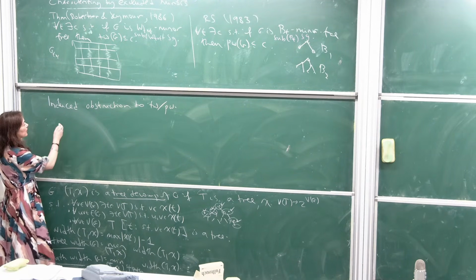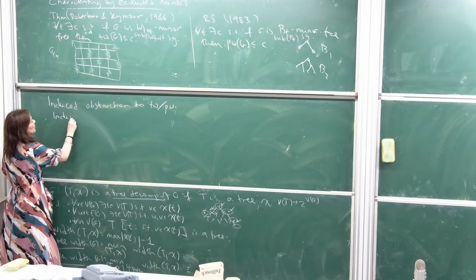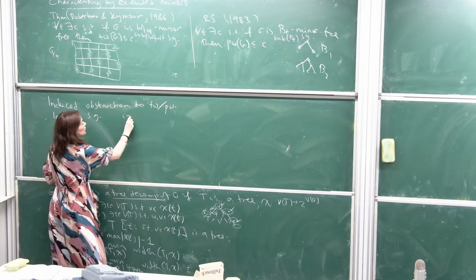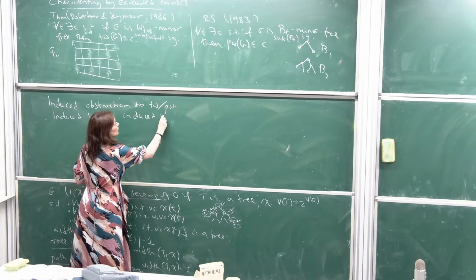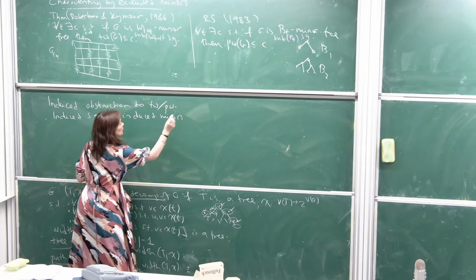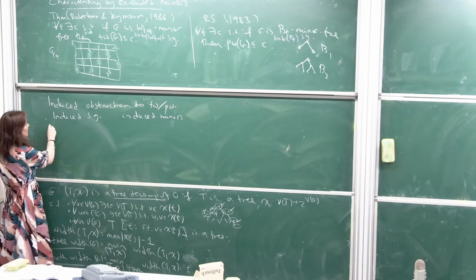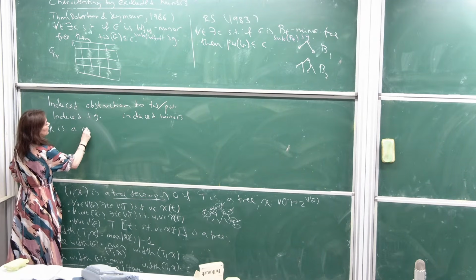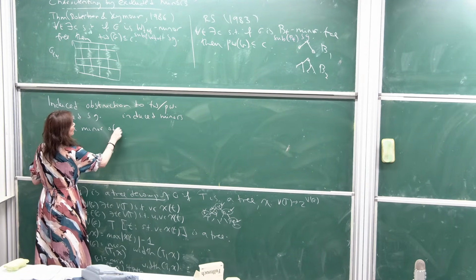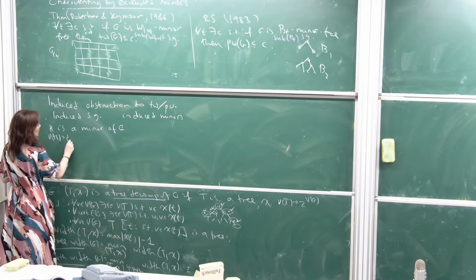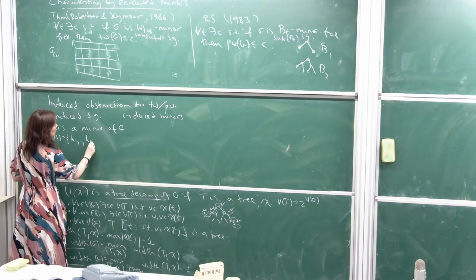Okay, so what about induced obstructions? And here I want to think about induced subgraphs, I know what that is, and induced minors. Let me just tell you what an induced minor is. So you know what a minor is, right? Say H is a minor of G. Let's say the vertex set of H is h_1 through h_k.